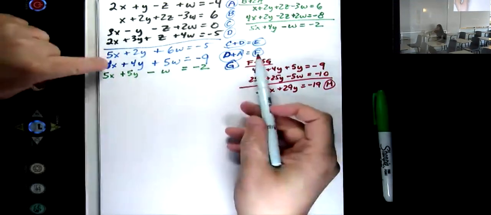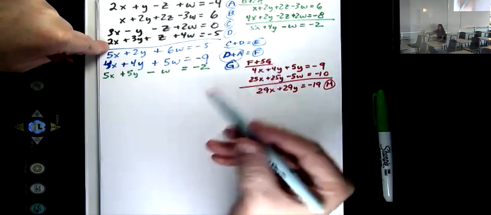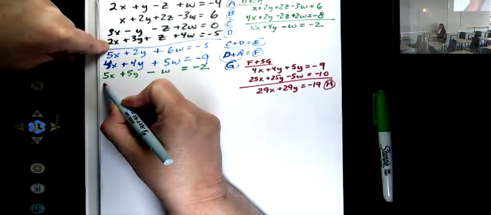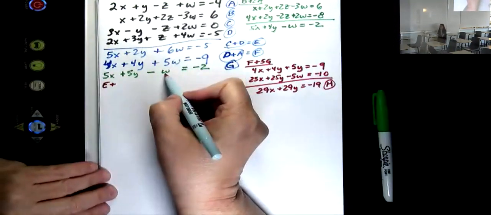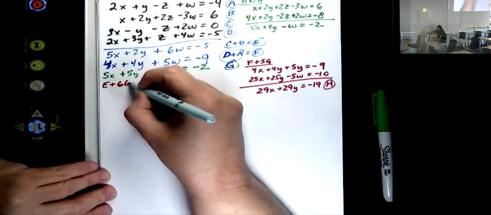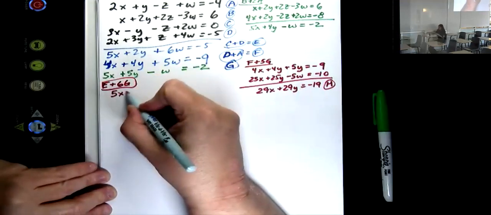All right, we did F and G, we now need to get rid of E. So maybe if I do E plus, I need negative 6W here, so I need 6G. Now, let me rewrite these.